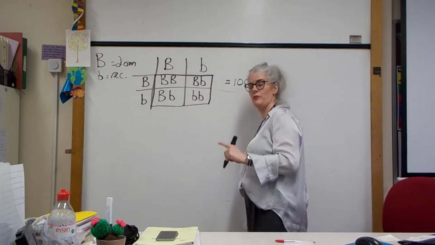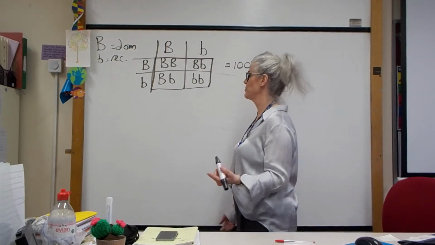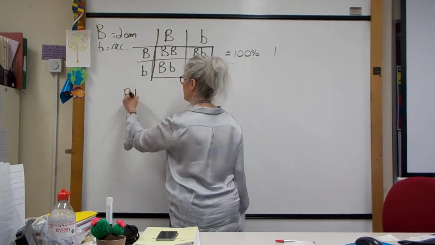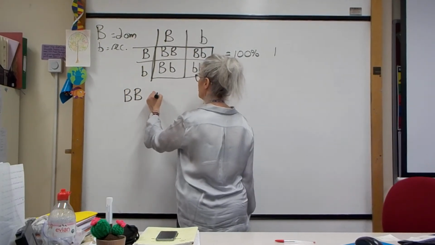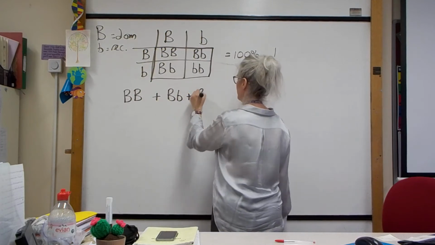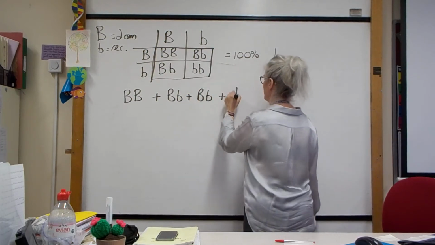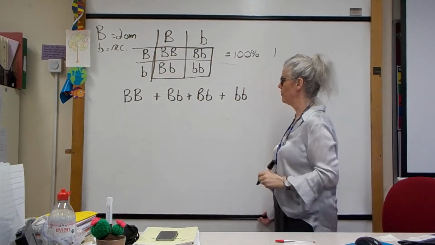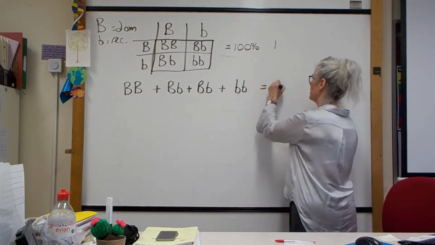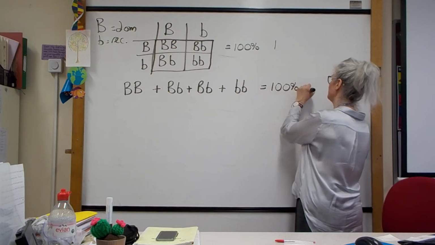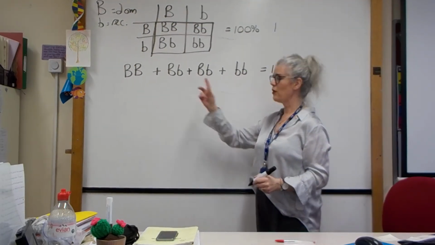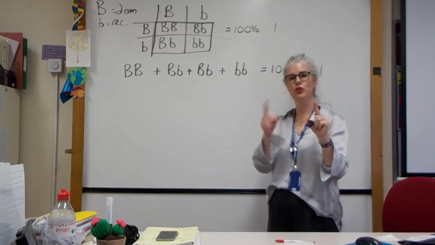So this is our possible genotypes from this heterozygous cross. So if you have a look at this population, you've got big B's, you've got 2 lots of heterozygotes, and then you've got a set of homozygous recessives. And that would be 100% of your population, or a frequency of 1. Now if you look at that, they all have one of 2 alleles.